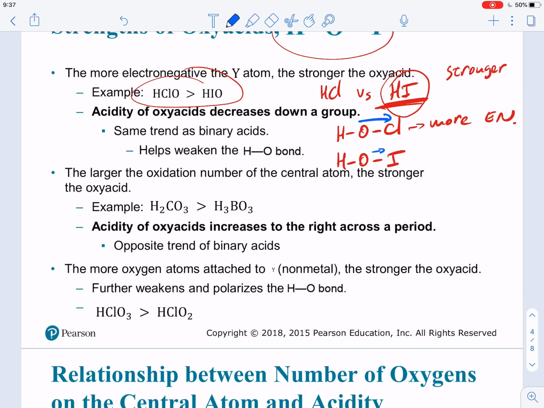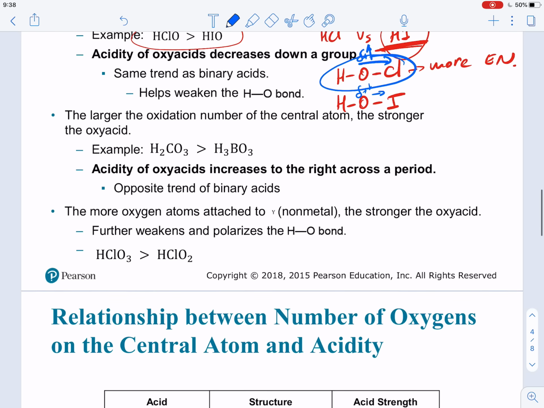Because chlorine is better at pulling electrons from oxygen than iodine, then the oxygen in HOCl is weaker. Think in terms of the oxygen here having a stronger partial positive charge because of chlorine than what you see here. Okay, therefore the hydrogen oxygen bond in this case is weaker, and it makes it a stronger acid.